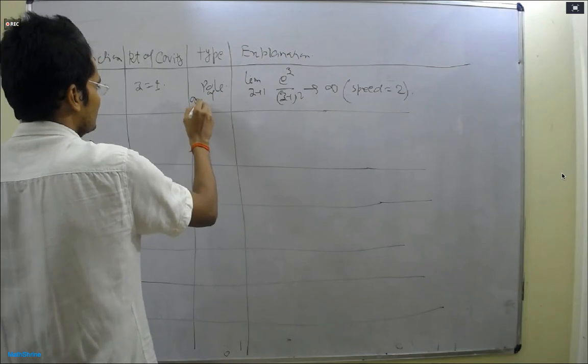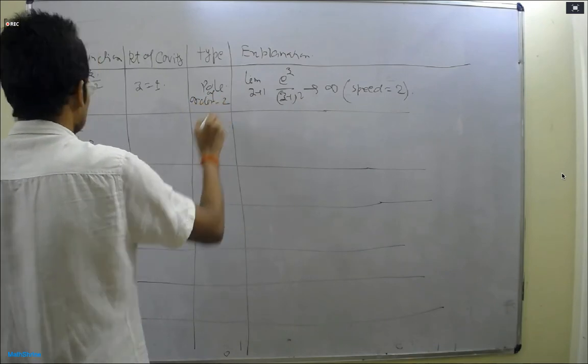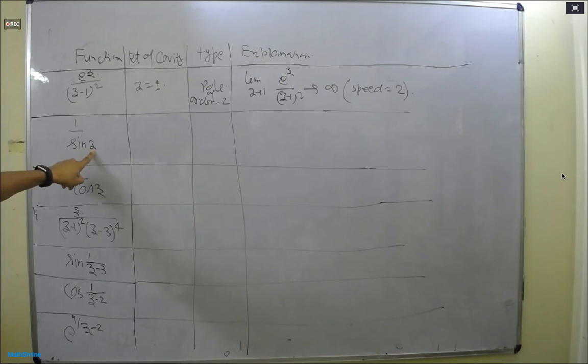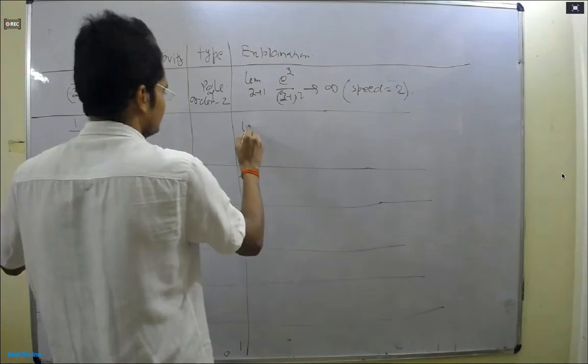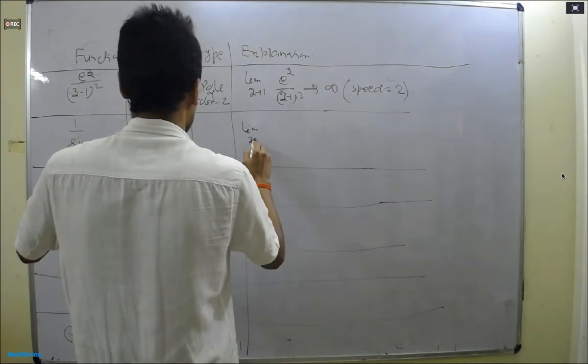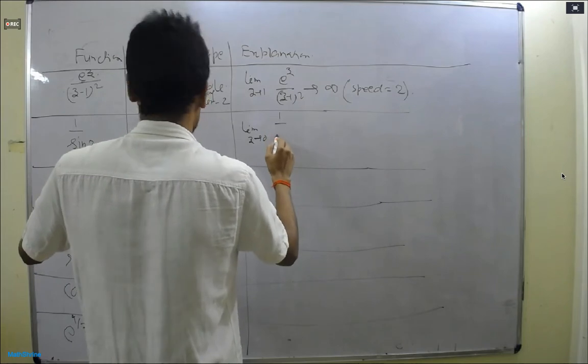1 upon sin z, limit z tending to 0. The limit of 1 upon sin z does not exist. What is the meaning of this?